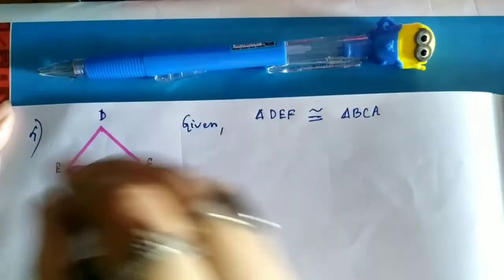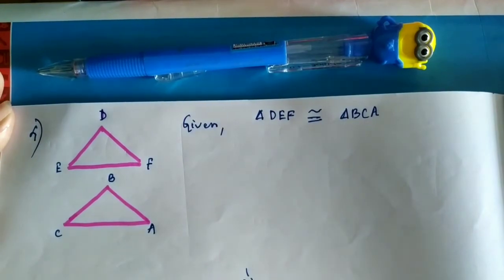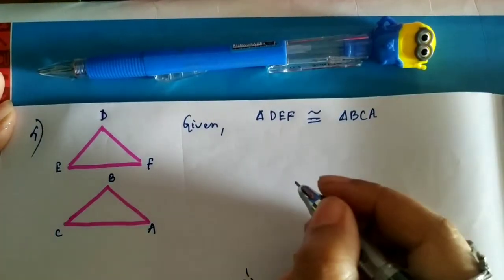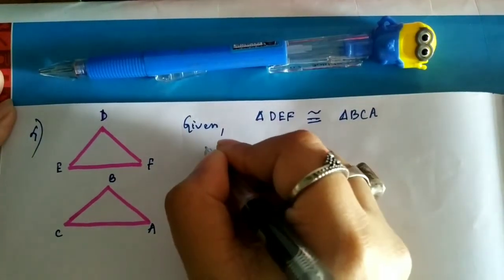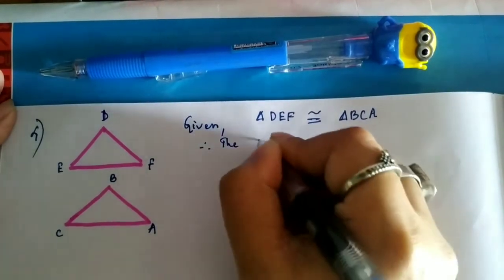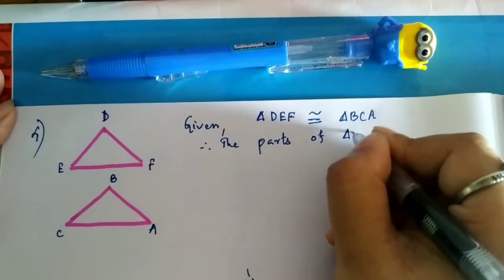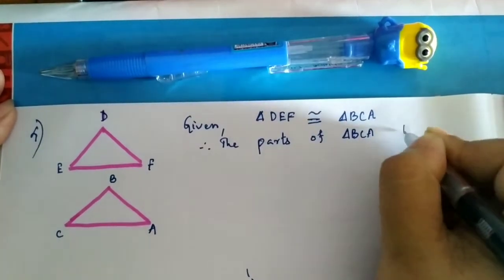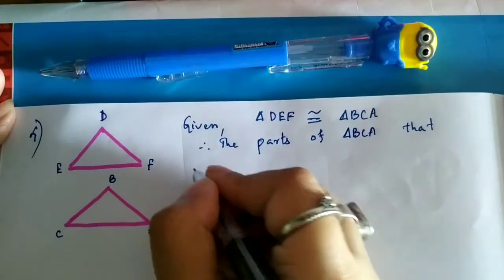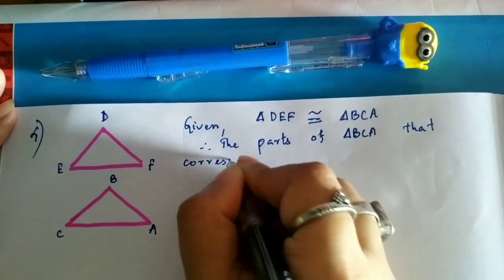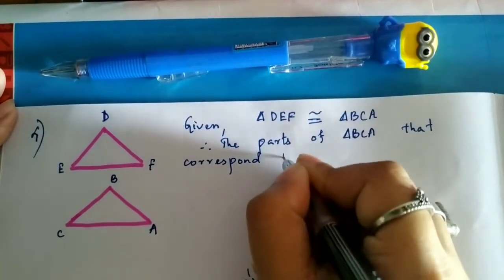That means all the corresponding angles and sides are equal. So I have to write down the corresponding parts of triangle BCA.